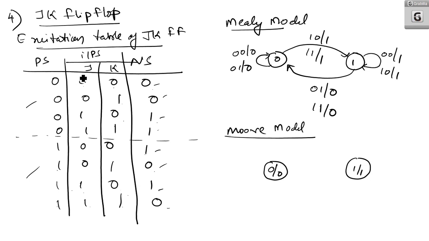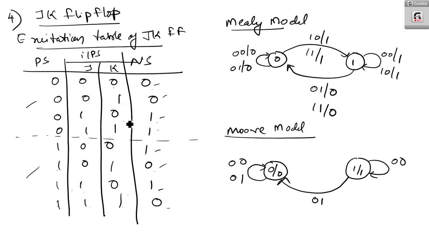Now look at the 0 state. If J and K is 0 0, it will remain there. Here also if it is 0 0, it will remain there. If it is 0 1, again it will remain there. Here if it is 0 1, it will go to 0.